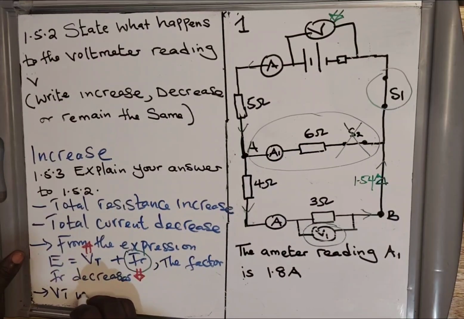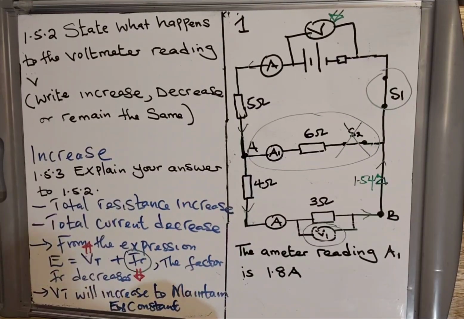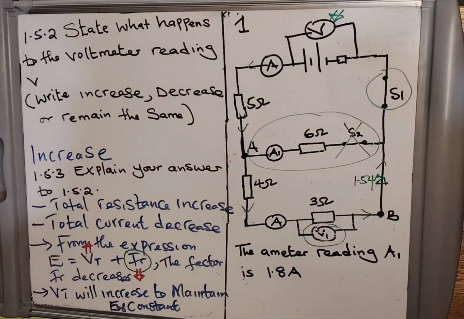Vt will increase to maintain E constant, or to maintain EMF constant. That's what you're supposed to do to get those marks. You have to fight for them.